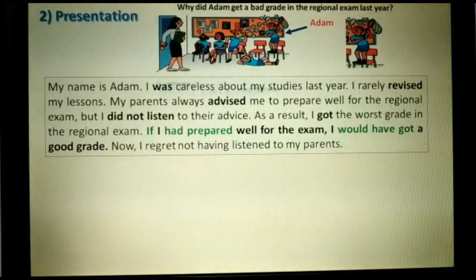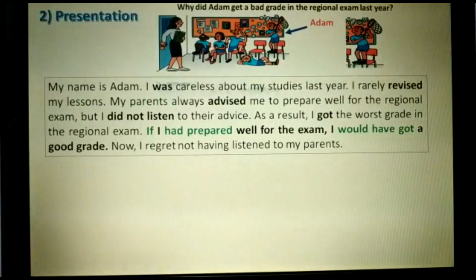If I had prepared well for the exam, I would have got a good grade. Now, I regret not having listened to my parents. Okay? So after reading this paragraph, can you answer the question? Again, why did Adam get a bad grade in the regional exam last year?